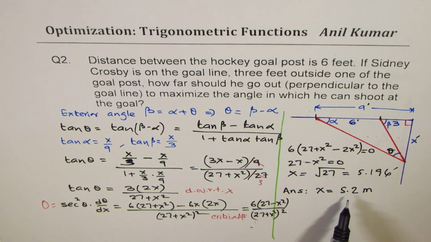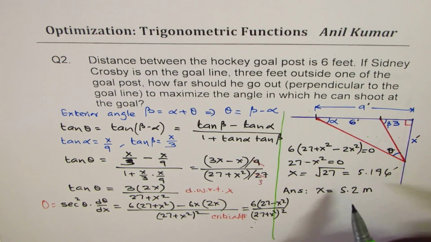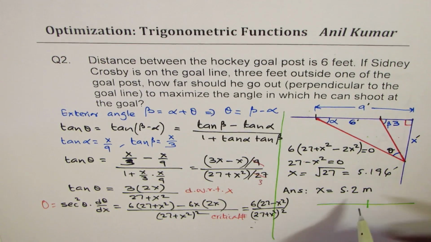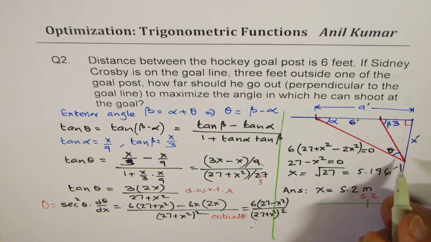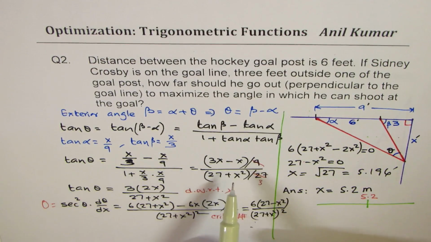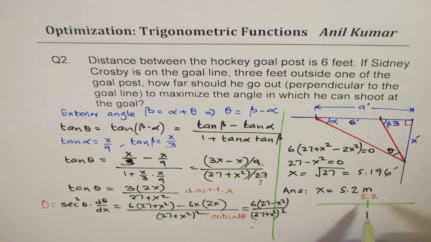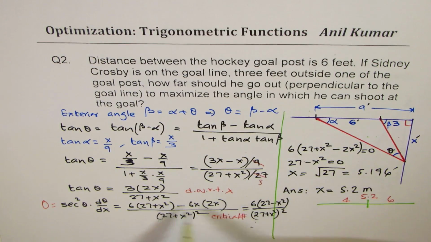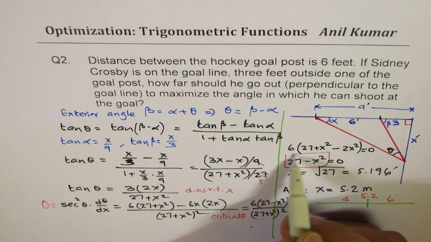So this is our critical number, which is 5.2 meters. So let's find out. If I take a value on the right side, let us say 6, and on the left side we take a value of 4, correct? So if I substitute in this value, basically only this value is to be checked.